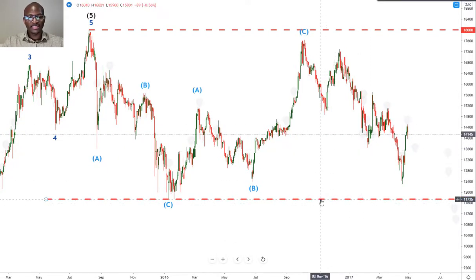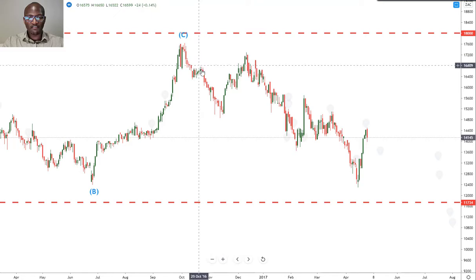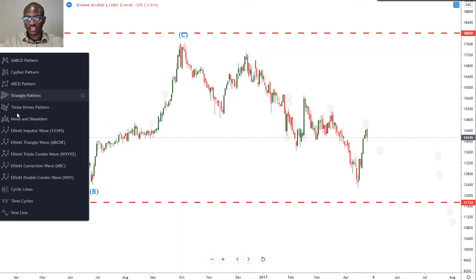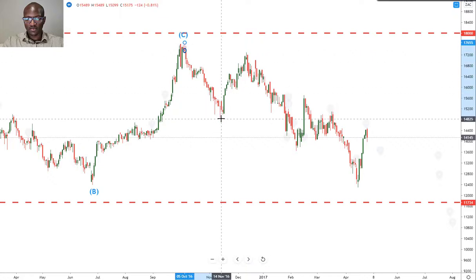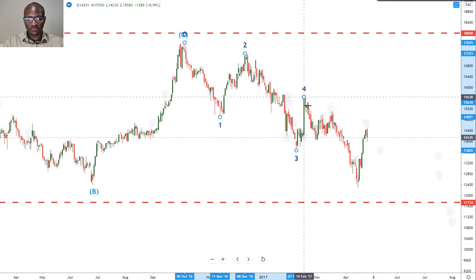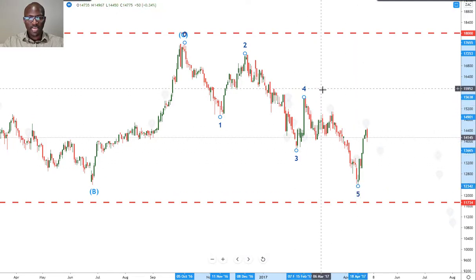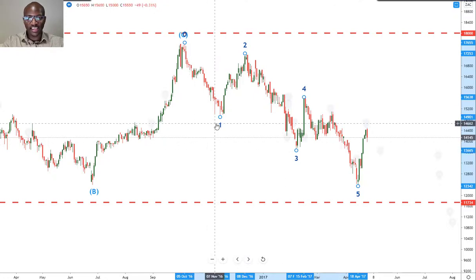The neckline is still intact. But this decline has occurred in a clear 5-wave pattern, which I can label now 1, 2, 3, 4, 5. But because wave 4 overlaps into wave 1, this is a leading diagonal.